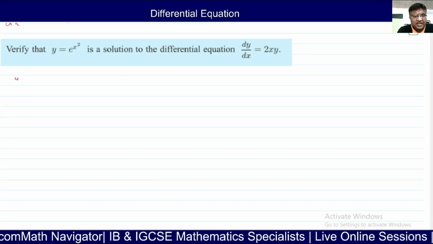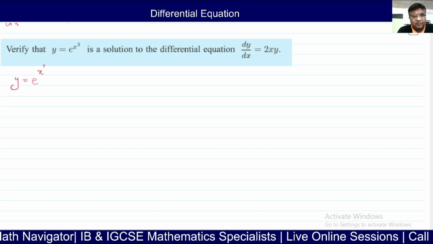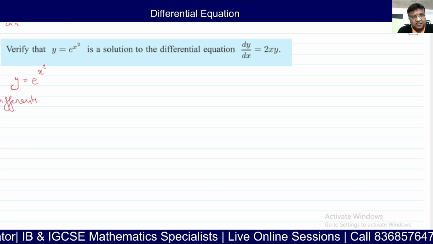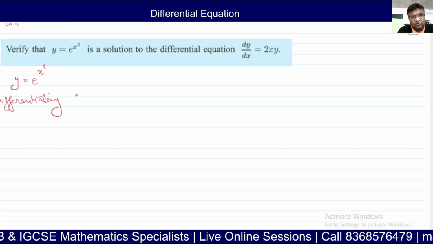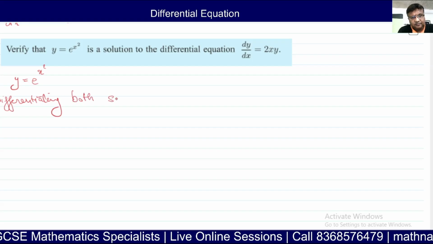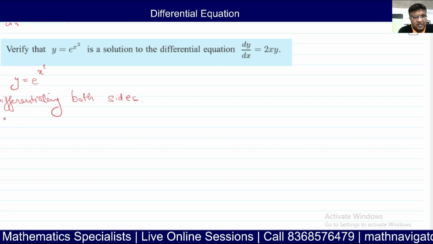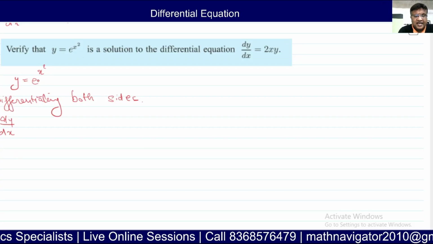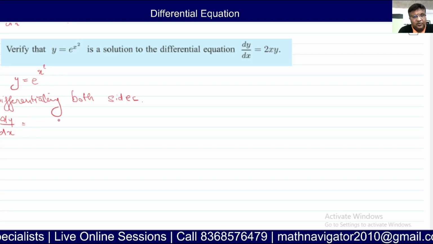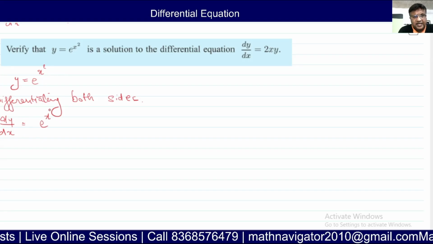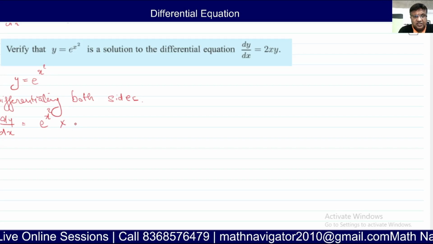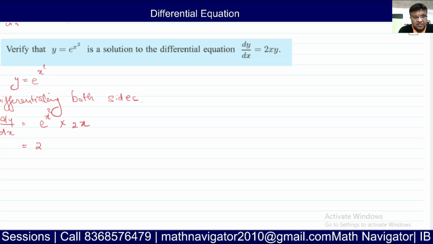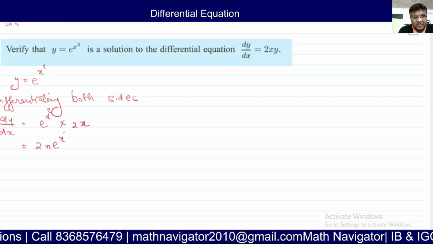So let's take y is equal to e raised to the power x squared. Differentiating both sides, we get dy by dx, which is e raised to the power x squared times 2x, so this becomes 2x e raised to the power x squared.